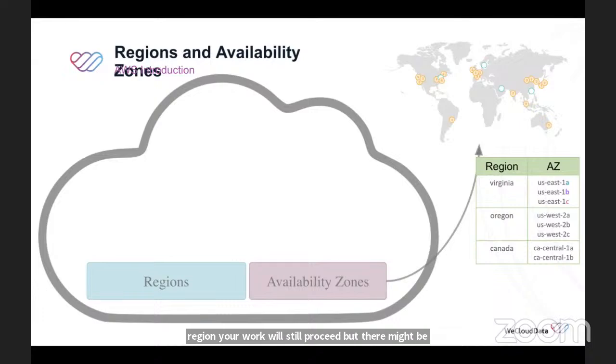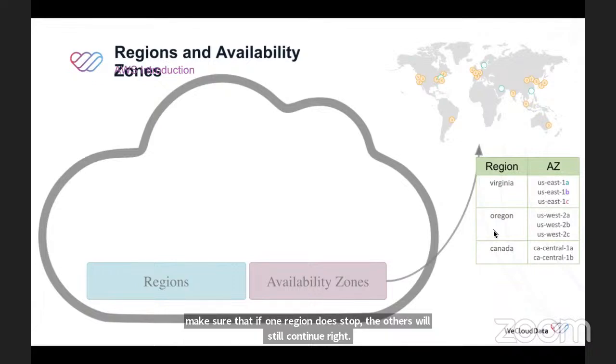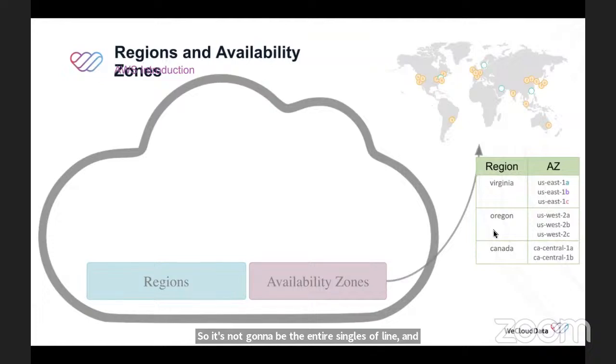So overall, AWS, and I would say any cloud provider, is very wary about this issue. They are trying to make sure that if one region does stop, the others will still continue. So it's not going to be that the entire thing goes offline and everyone who's using, let's say, AWS or Google Cloud or Azure has to stop their work.